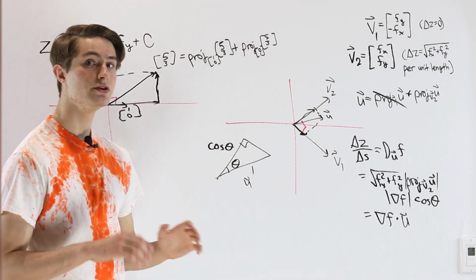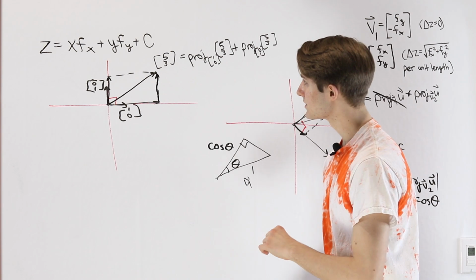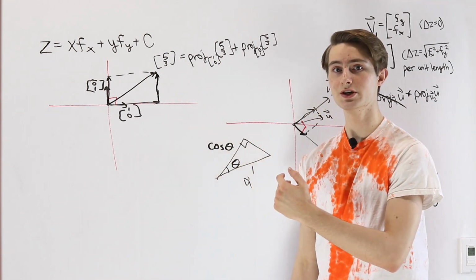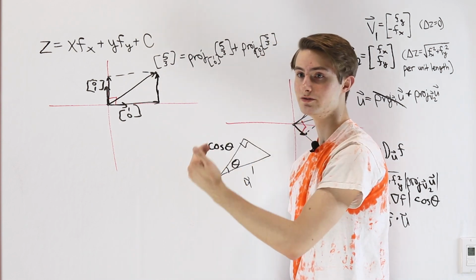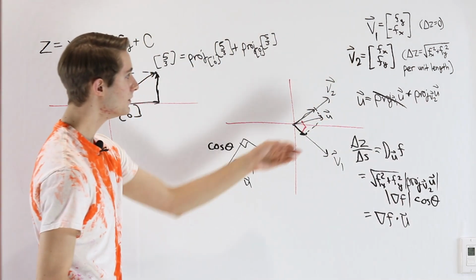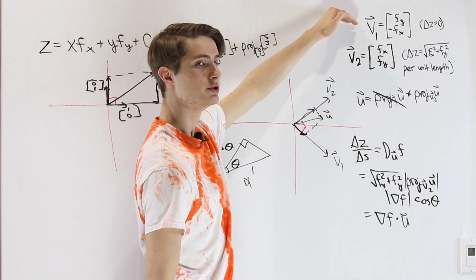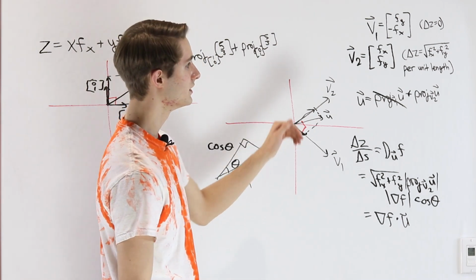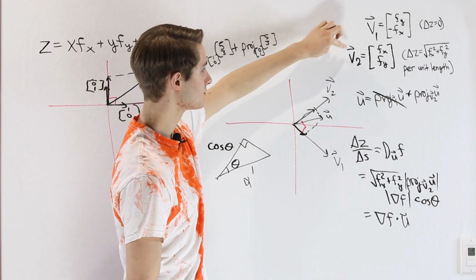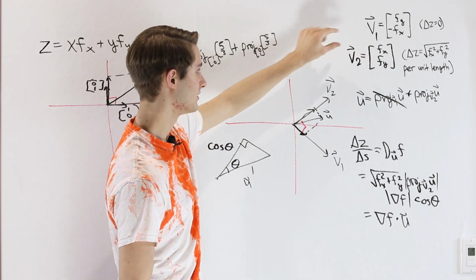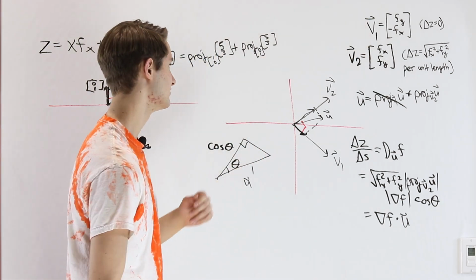And from there, there's a very cool geometric fact that we can write a vector as the sum of its projections onto two orthogonal vectors. And therefore, we want our second coordinate vector to be orthogonal to the first. And from that, we got our second vector orthogonal to the first one as being f sub x, f sub y. That's our gradient vector.